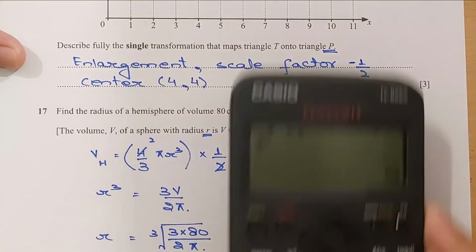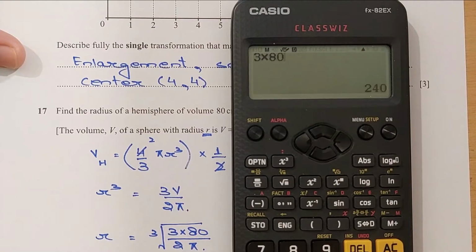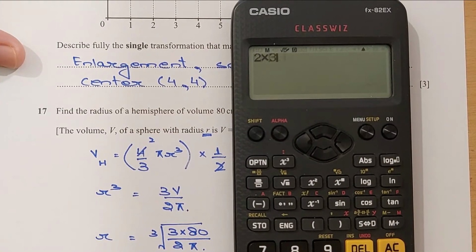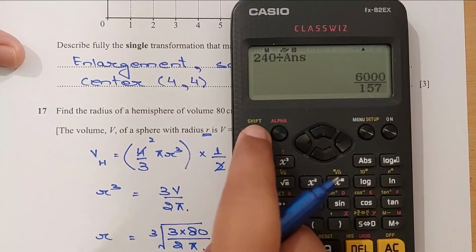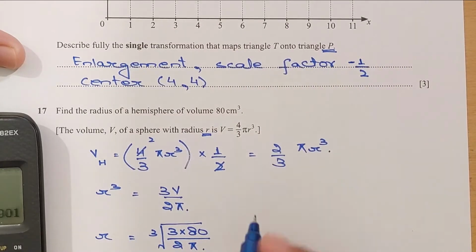So now let me find the radius. 3 times 80 is 240, right? Divided by 2 times 3.14, and the cube root of the answer is 3.368, or 3.37. Yes, that is the radius.